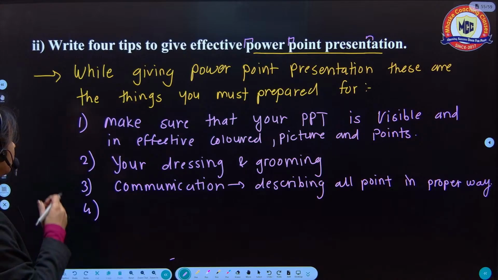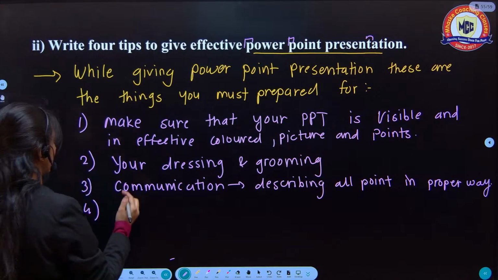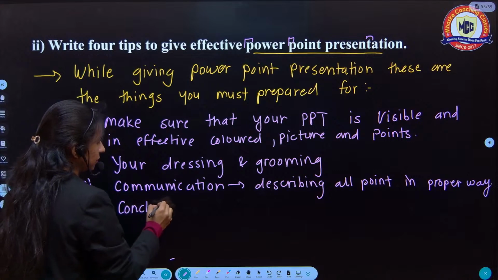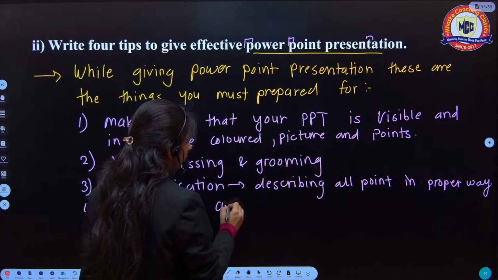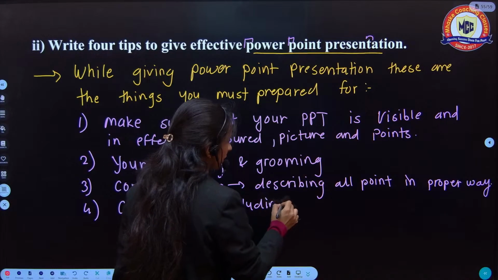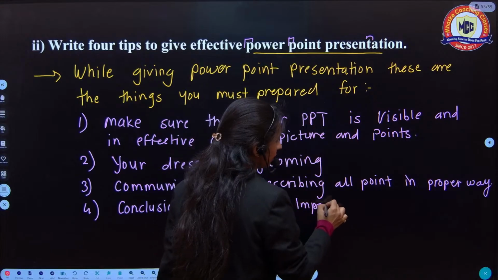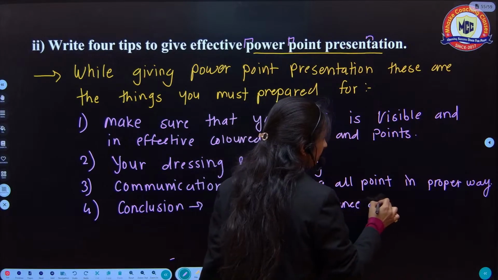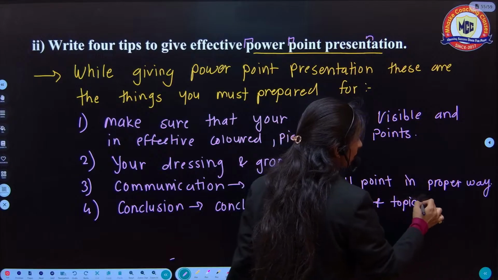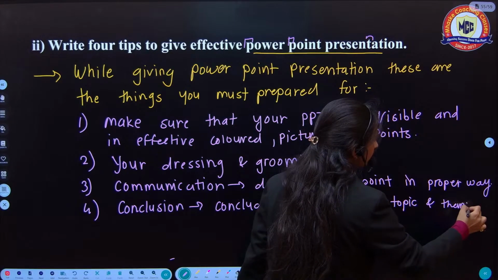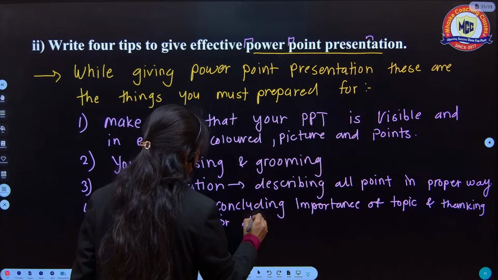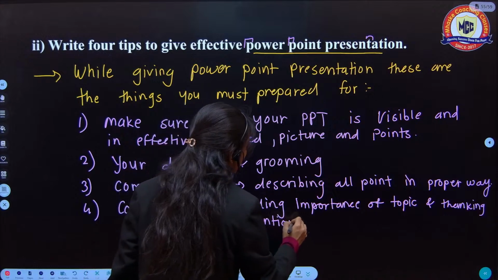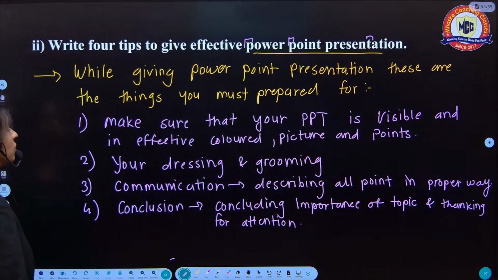And the last one is conclusion, which means while presenting, you're concluding the importance of your topic and thanking them for their attention. So this needs to be concluded in the end, and these are the 4 tips for an effective PowerPoint presentation.